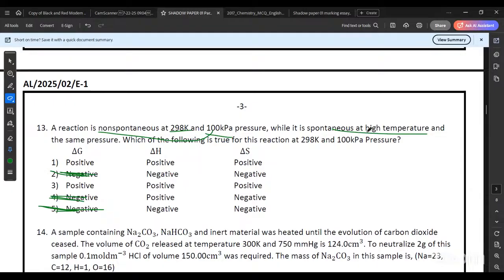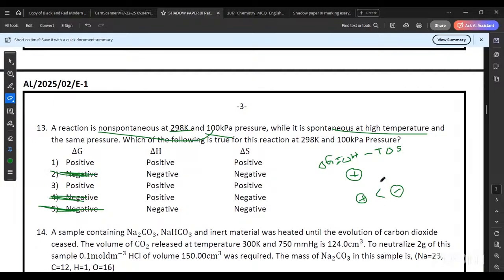Now, people, while it is spontaneous at higher temperatures, delta G equals delta H minus T delta S. When the temperature increases and the reaction becomes spontaneous, it means the right side should become negative.